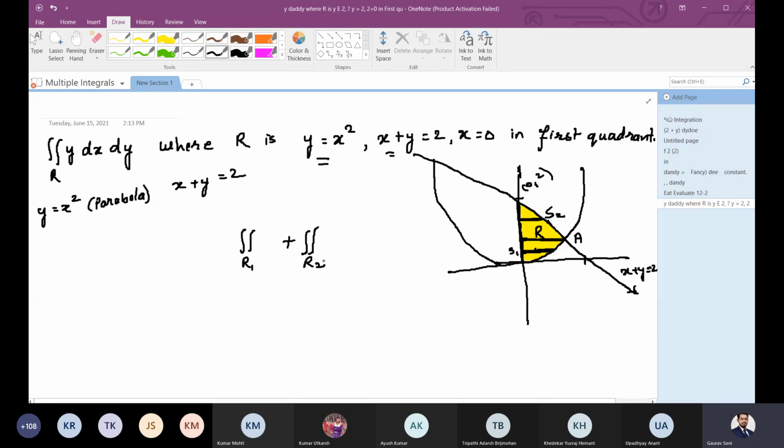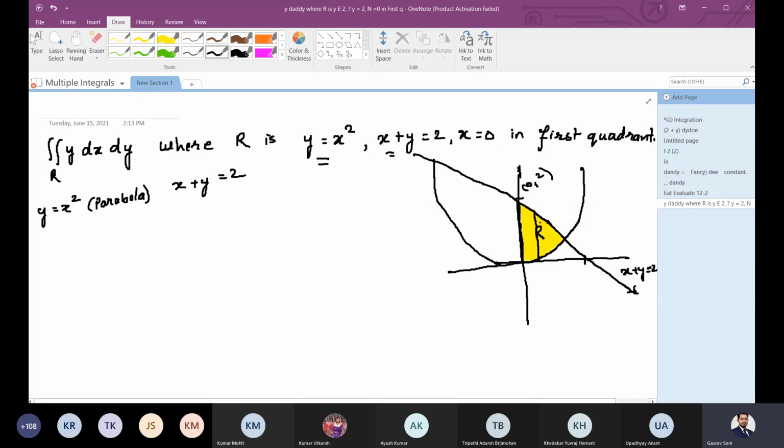But what if I take a vertical strip? Does the limit change? For a vertical strip, maybe it is the same. Yes. If I take the vertical strip like this, you can see that throughout your region, the lower limit as well as the upper limit remains the same.